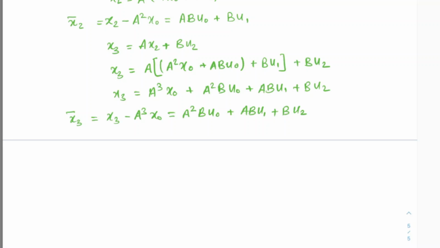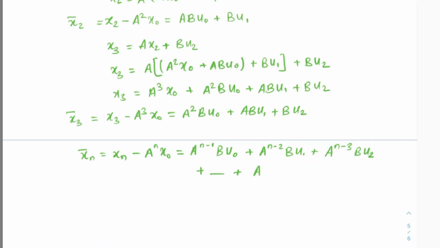Let's see, if I keep on writing x3, x4, x5 up to xn, then I can write x bar n as xn minus A to the power n x0, which equals A to the power n minus 1 B u0 plus A to the power n minus 2 B u1 plus A to the power n minus 3 B u2, and so on, up to A B u(n minus 2) plus B u(n minus 1).